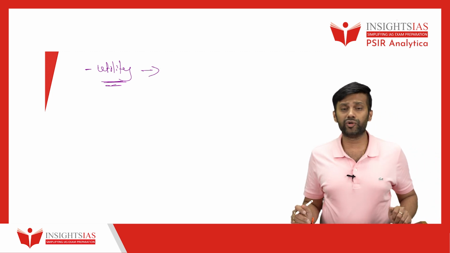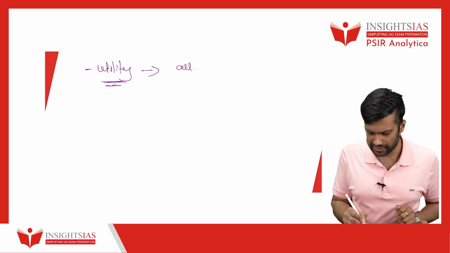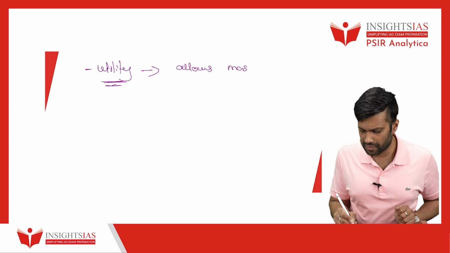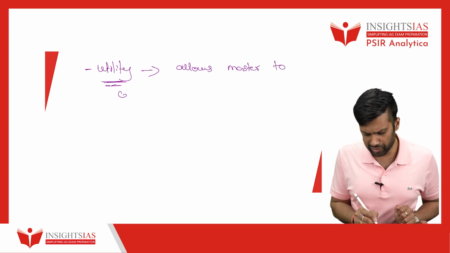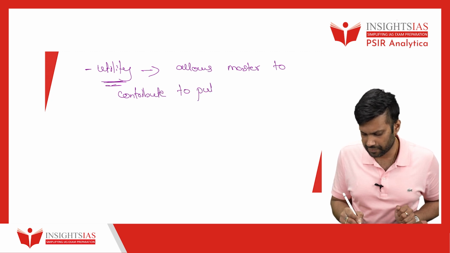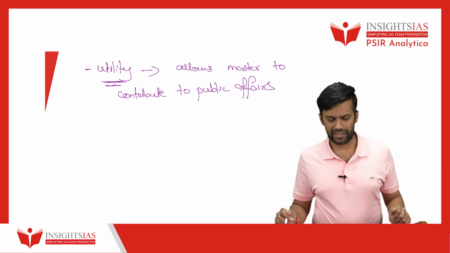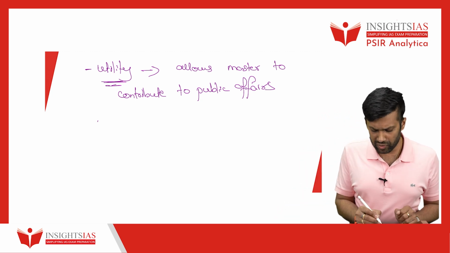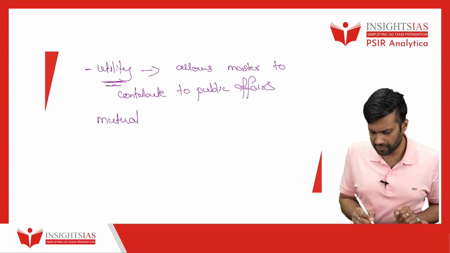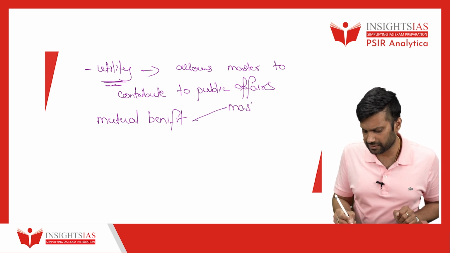Aristotle argued that when the slave performs the domestic duties, it allows masters to contribute to public affairs and helps the development of the state, and there is a mutual benefit for both the master and the slave.